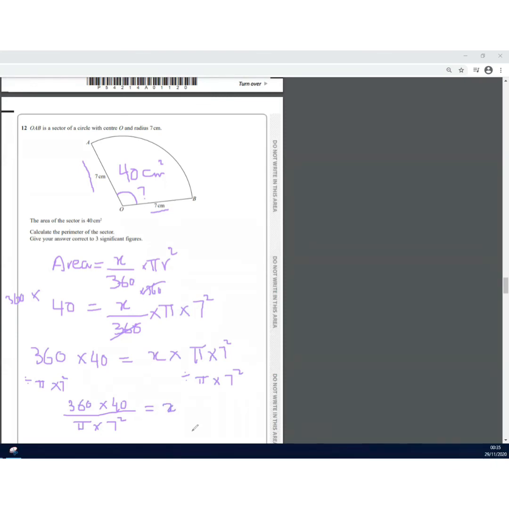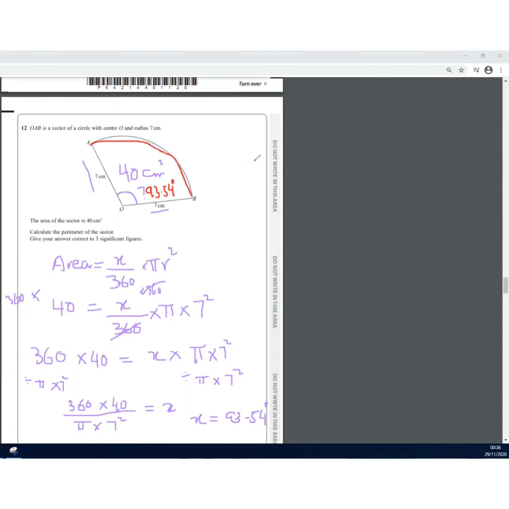So if I put all values now in the calculator, I will get x equals 93.54 degrees to 2 decimal places. So it means you have now got an angle of 93.54 degrees, which will help us find the arc length.